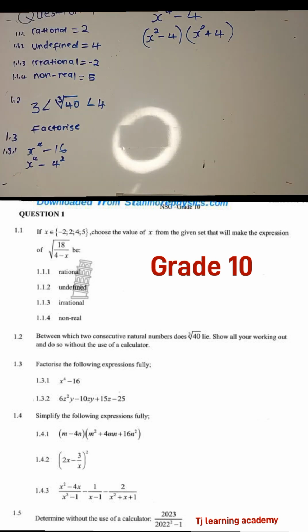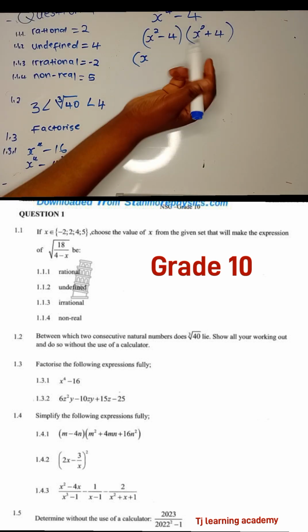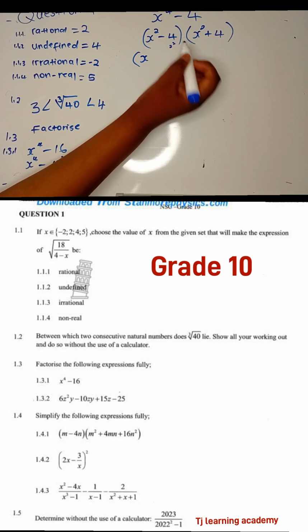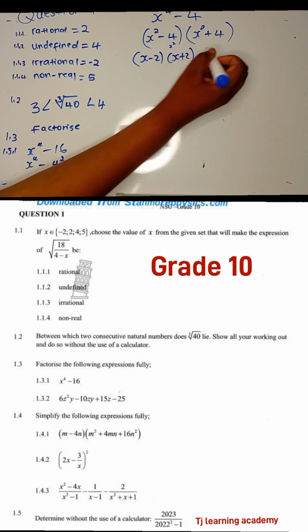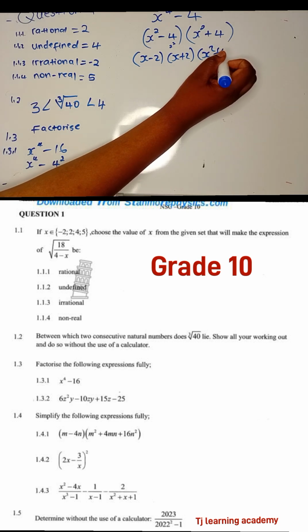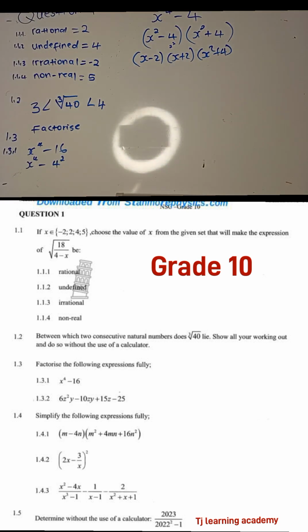So it'll be x. This 4 is 2 to the exponent of 2. So we have x minus 2, x plus 2, x squared plus 4. And then we are done now.